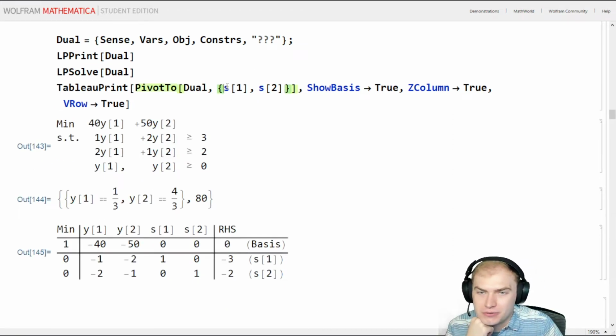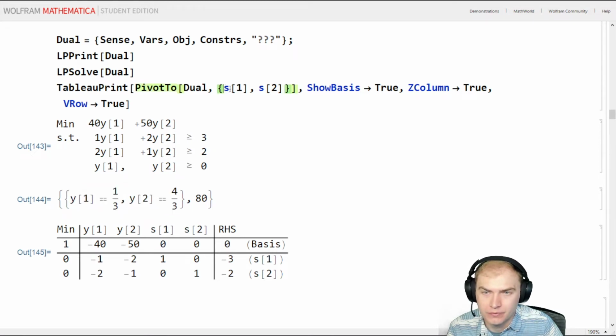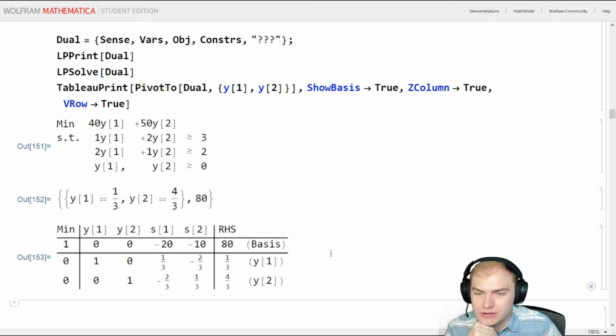So the initial basis S1, S2 is infeasible. You can see that with -3, -2. So I guess we pivot, and we know from the solver that the basis is y1, y2. So let's get those in here. Yeah, that's feasible, and it has the same objective function value.